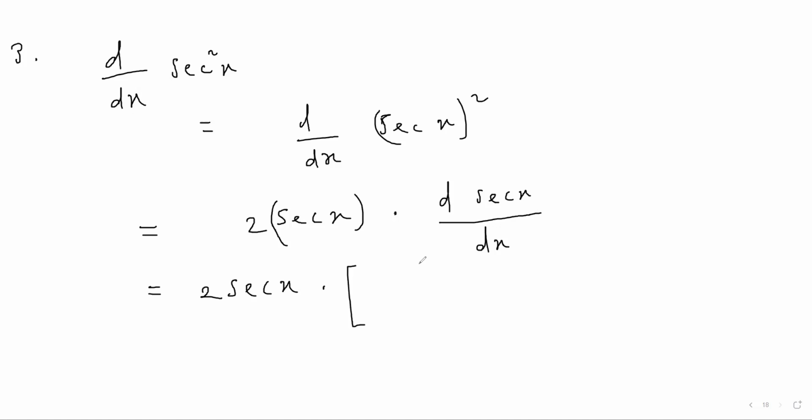The derivative of sec x, if you look at the list of trig derivatives, you find is simply equal to positive sec x multiplied by tan x. So ultimately, your final answer will be 2 multiplied by sec squared x, because you multiply sec x times sec x, that's sec squared x, multiplied by tan x.